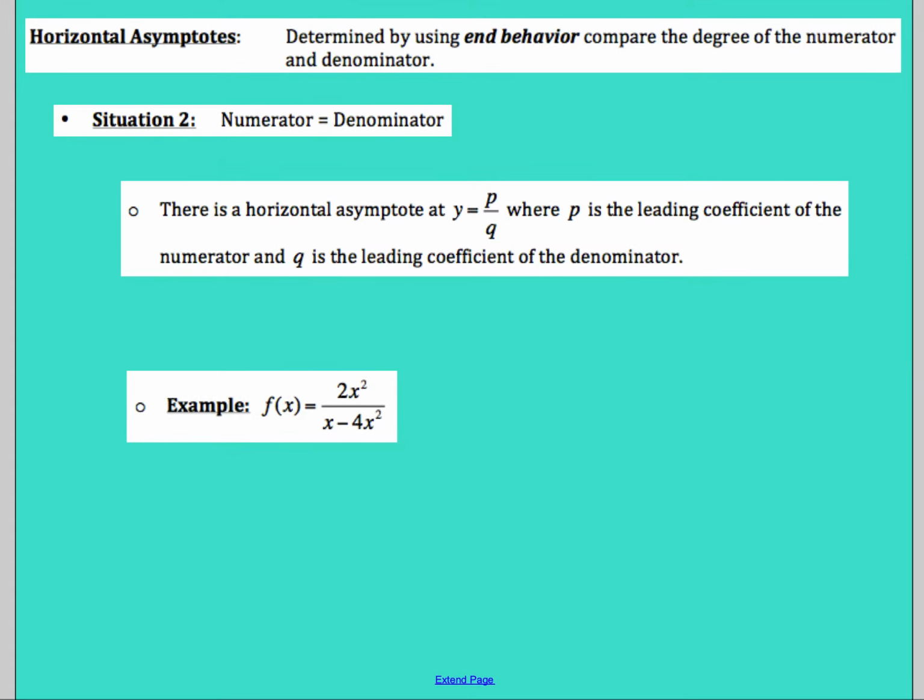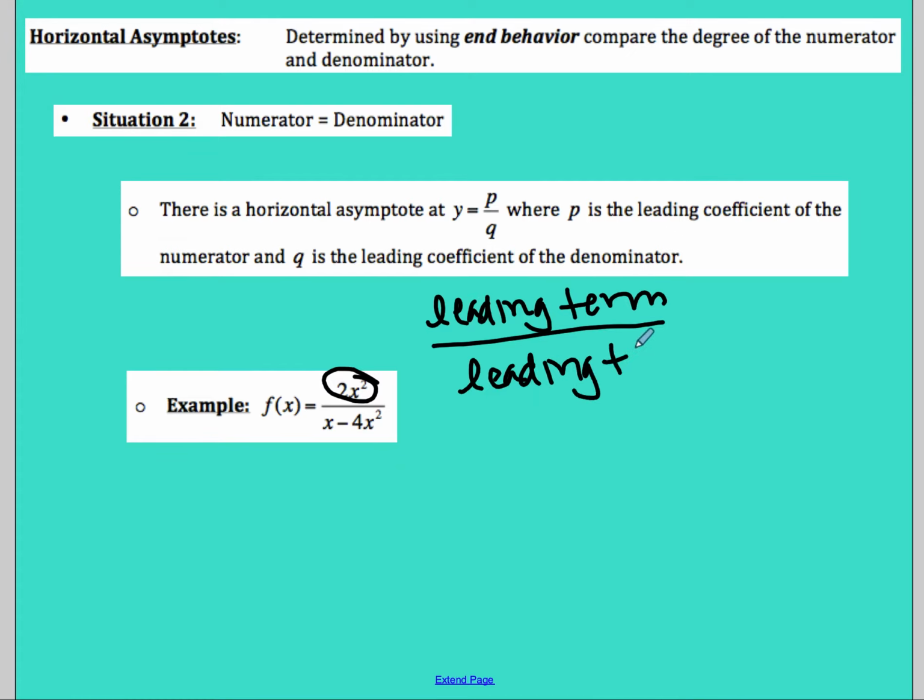Your second situation is when your numerator degree is equal to your denominator degree. This is your favorite. What I would do is take leading term over leading term. It's your biggest degree over your biggest degree, but you take the term in front of it as well.